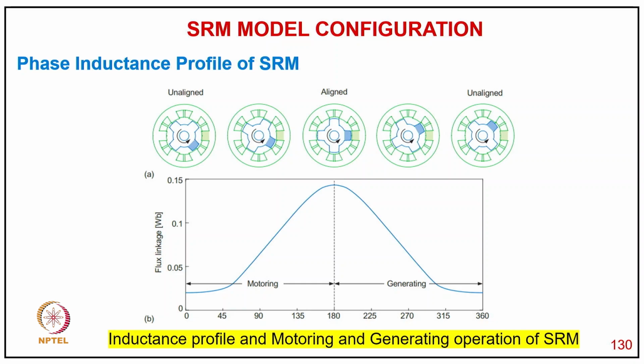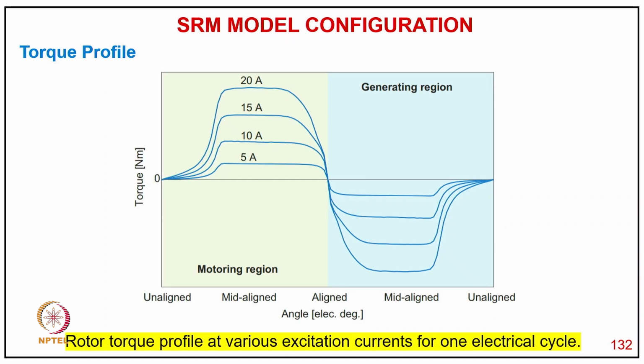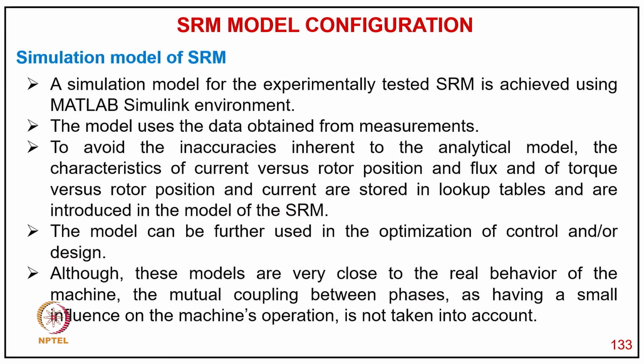You don't have a torque produced in the unaligned position or the aligned position, but you get a positive or negative torque under the aligning condition. And here is the inductance profile corresponding to the effect of saturation. And this is the torque profile for the motoring and generating regions when you excite with a constant current over one electrical cycle.